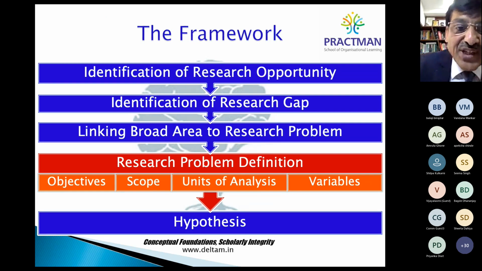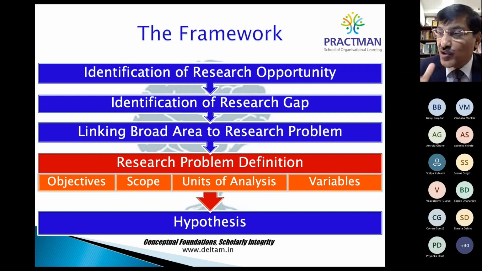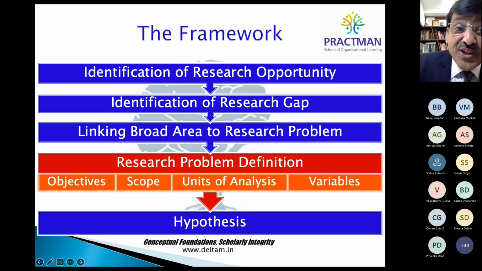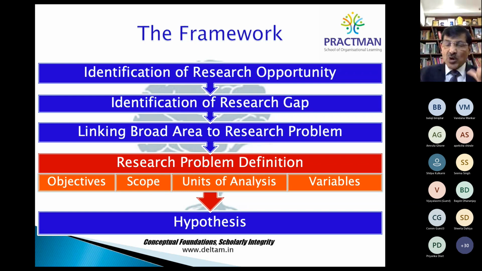Now we come to the last but one part of our session, which is formulation of the research problem or definition of the research problem. But the first three steps are key prerequisites without which you cannot define the problem. Problem definition in turn has got four subcomponents, which we'll see one by one.